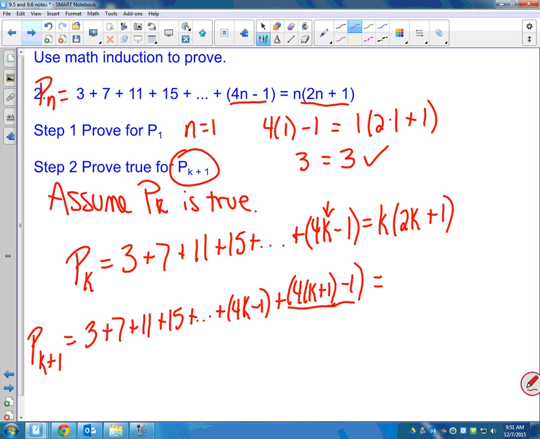I want that to equal the k plus 1 sum. So again, a good way to think about it is I have to replace all the k's with k plus 1. So on this side, this is what it adds up to. The k plus 1 sum is going to be k plus 1 times 2k, just kidding, 2 times k plus 1 plus 1.